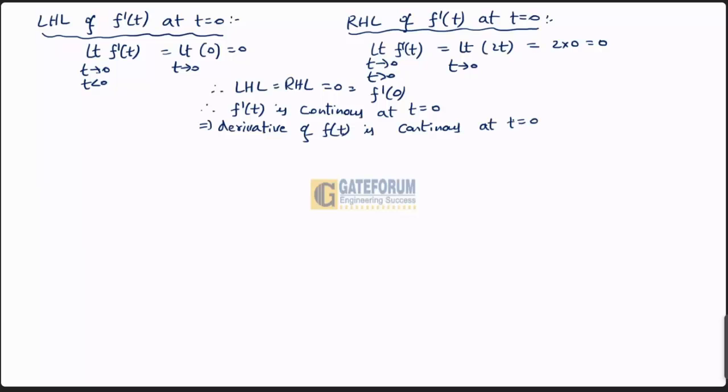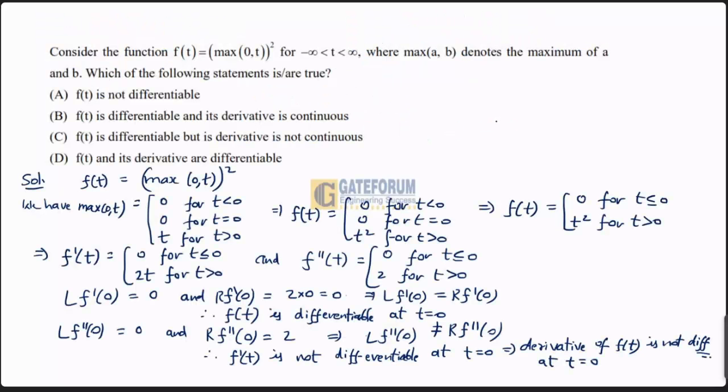So f of t is differentiable at t is equal to 0. Derivative of f of t is continuous at t equal to 0. Okay. f of t is differentiable and derivative is continuous.